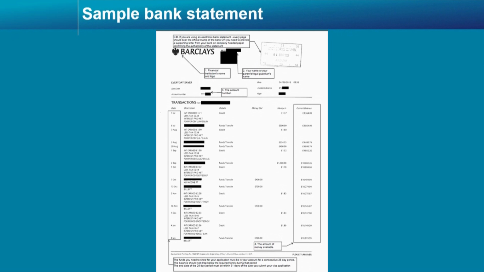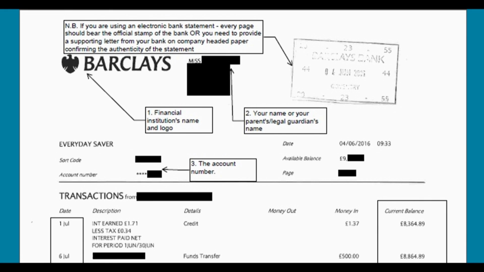So on the screen now you'll see an example of a bank statement which will be acceptable for Tier 4 visa application purposes. As you can see, it's got the financial institution's name and logo. It's got the name of the account holder, which must be your name or your parents' or legal guardian's name. It must have the account number.